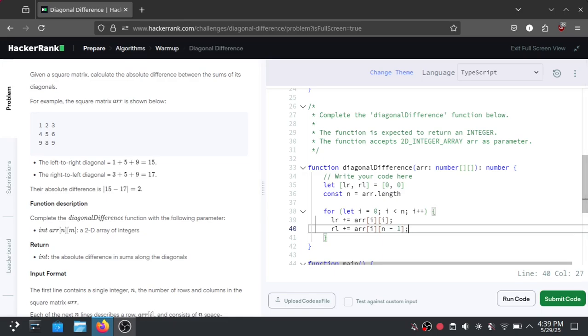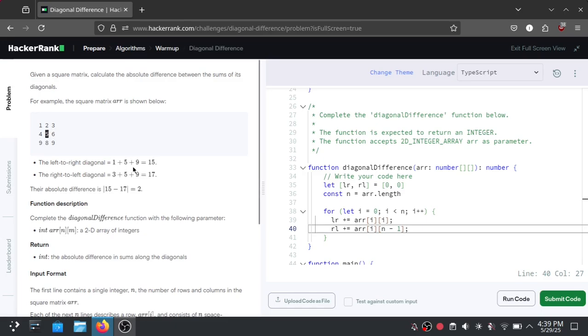And then for the next iteration, in order to get the 5, we need to point out the second dimension.